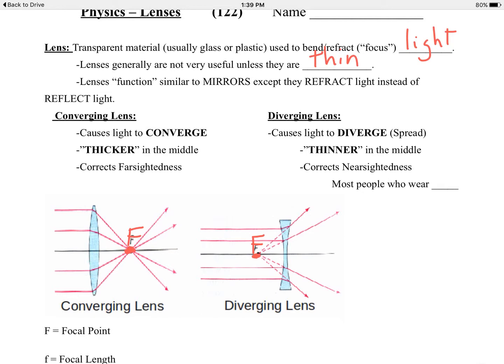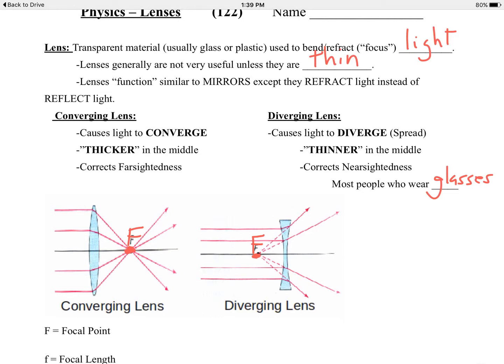They help correct for nearsightedness. Most people who wear glasses, at least when you're younger, have this type of lens. When you get older, you may have a combination of diverging and converging, called bifocals, because you may have trouble seeing both far and near. But most people who have glasses have this kind of lens to help them focus on things far away.